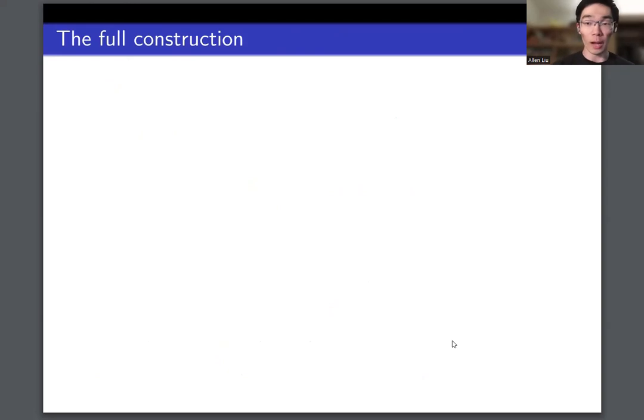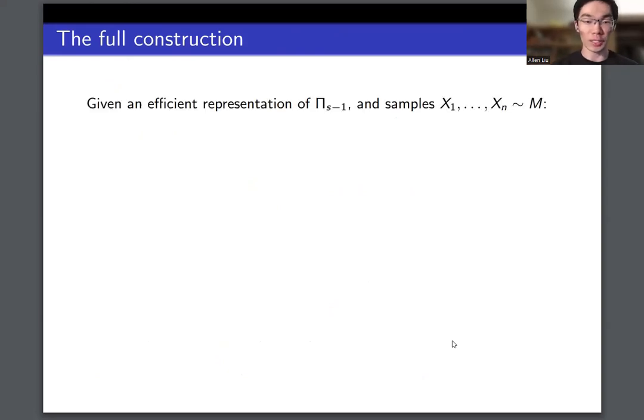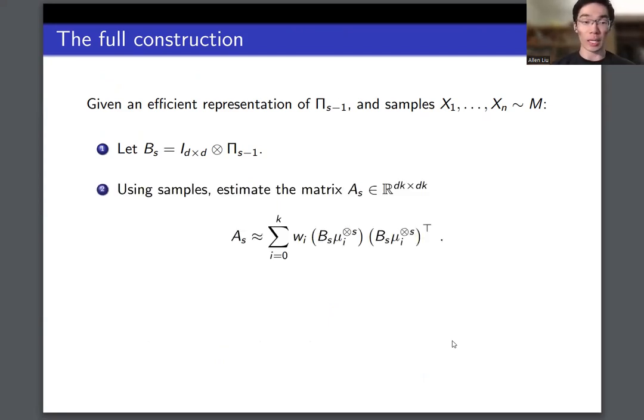Now we can put everything together, and our full construction is as follows. Again, it's inductive. So assume we have a representation of pi sub S minus 1, and we have samples from the mixture M. We again blow this up into an S-dimensional tensor, doing nothing on the last dimension. Then we estimate this matrix A, which should be M from the previous slide.